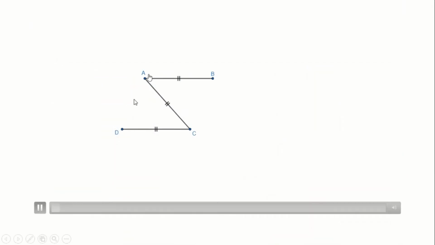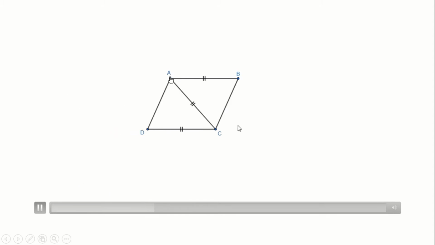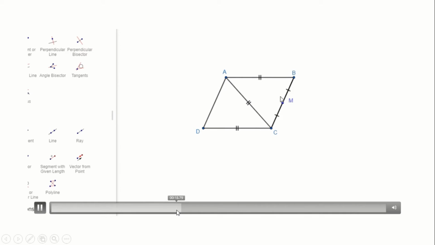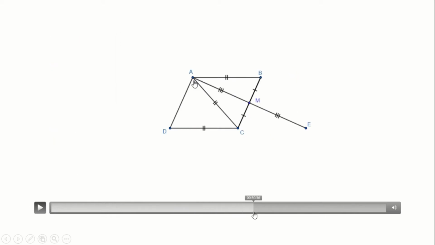As you see here, we have drawn the side AB, which should be equal to the diagonal AC, and also since we have a parallelogram, the sides CD and AB are equal and parallel to each other. Now when we join them, we get the parallelogram ABCD. Now we have M is the midpoint of BC.